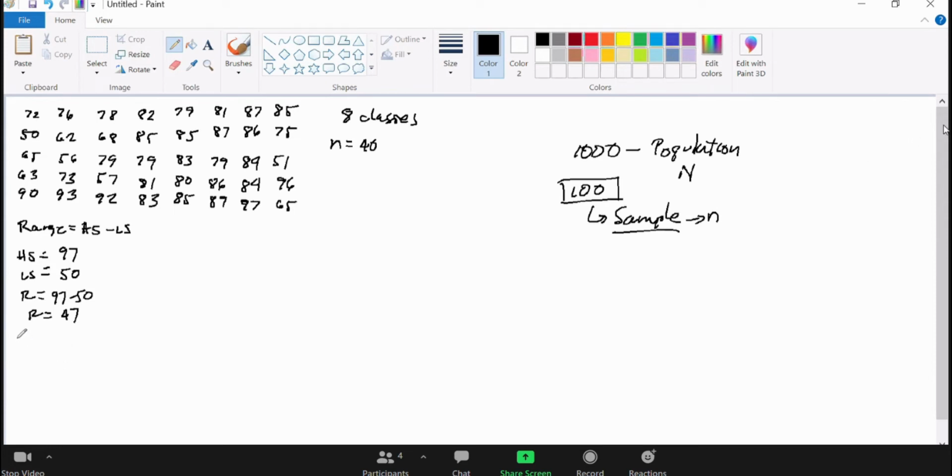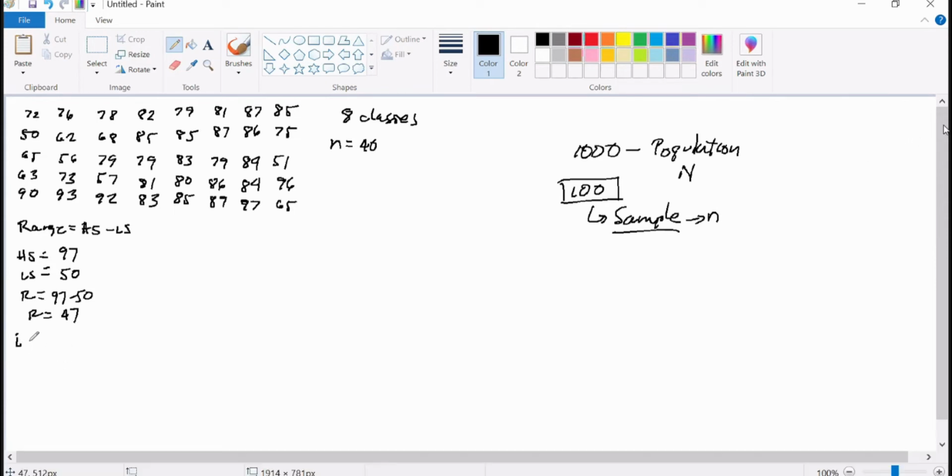To get our interval, I is equal to the range divided by the number of classes. So we are given 8 classes. So I is equal to 47 divided by 8 classes, giving us 5.8 something.